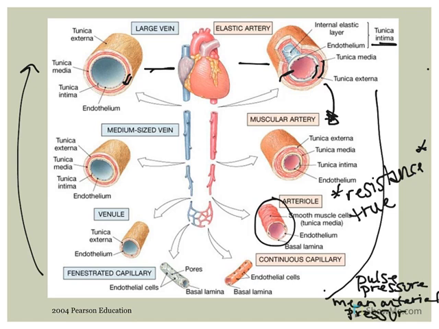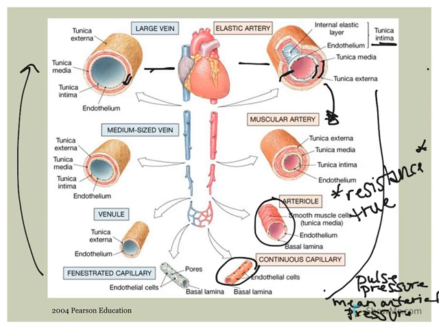When blood hits those capillaries, capillaries are very thin-walled. I don't want pressure too high when it gets there because it could damage them. So it's important that those arterioles reduce that blood pressure enough so we don't blow out those capillaries. So it's going to be very important.